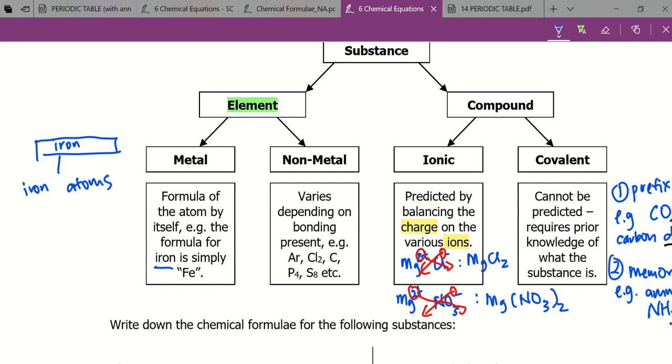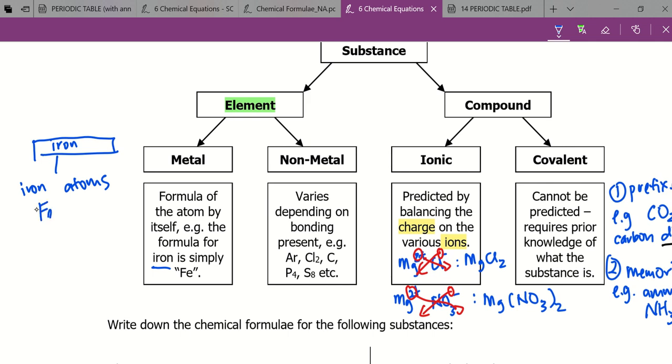And it doesn't make sense for me to write Fe 1 billion. And I don't know how many zeros there are in 1 billion. It doesn't make sense. So the way to write the formula of iron is just Fe.